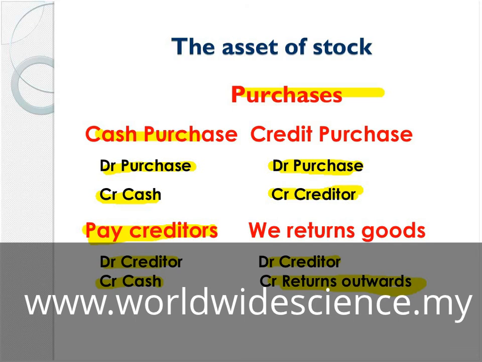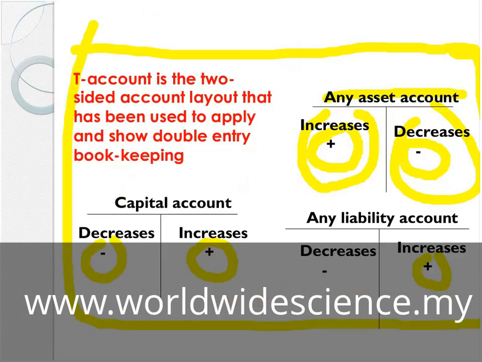So here are the purchases, the sales, or all our assets. You see, assets are always on the debit side when they increase, and on the credit side when they decrease. You remember?